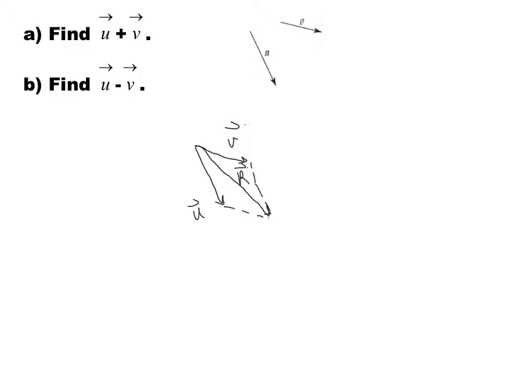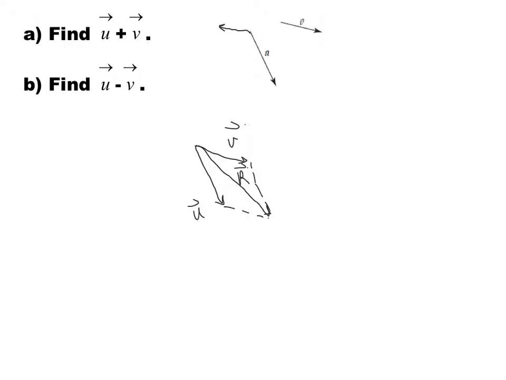The next one, we are going to find the difference between u and v. So we know that u is drawn here, but we have to draw the negative of v. The negative of v is going to be a vector which is parallel to v, but in opposite direction. So it's going to be this way.